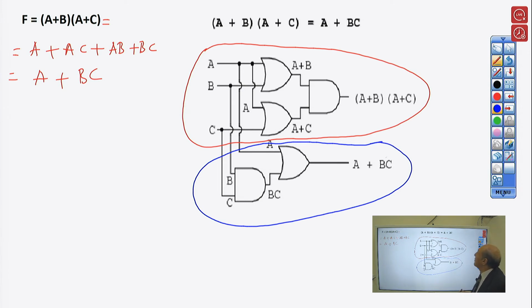Sometimes you need to calculate the cost of the circuit. There are several ways to calculate the cost. One of them is to sum the number of gates plus the number of wires.